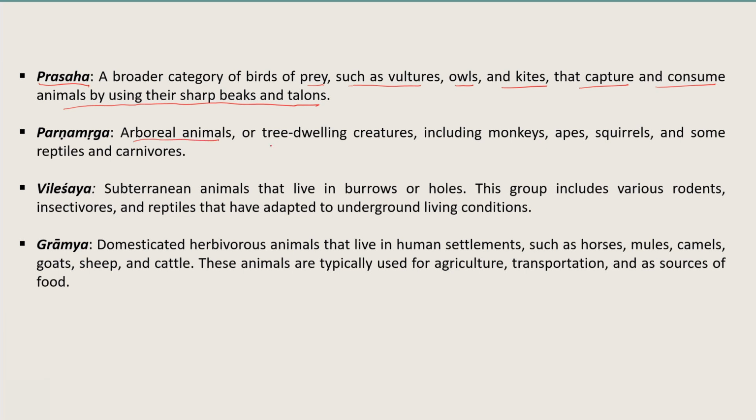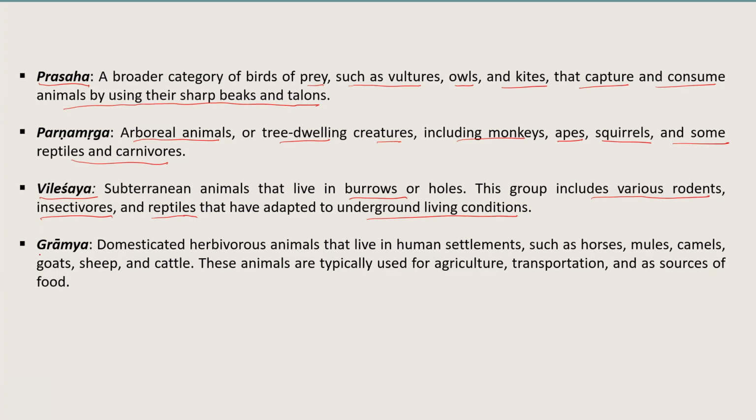Next is Paranamrag, arboreal animals or tree dwelling creatures including monkeys, apes, squirrels and some reptiles and carnivorous. Villacia, subterranean animals that live in burrows or holes. This group includes various rodents, insectivorous and reptiles that have adapted to underground living conditions.